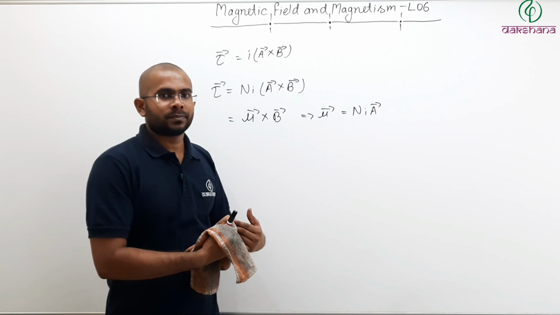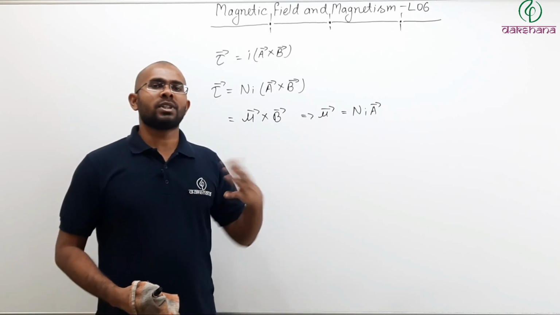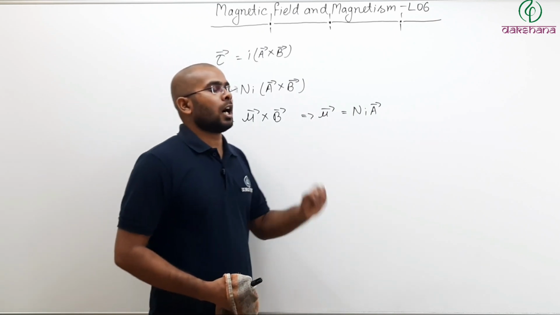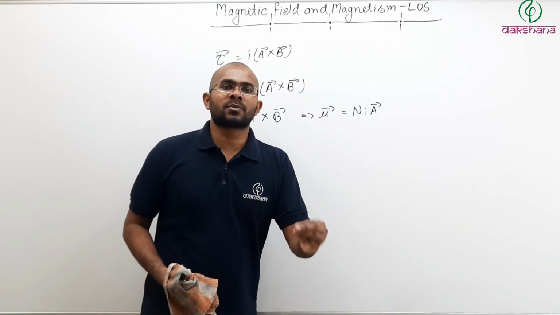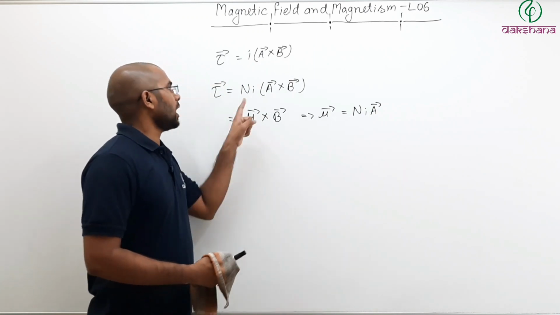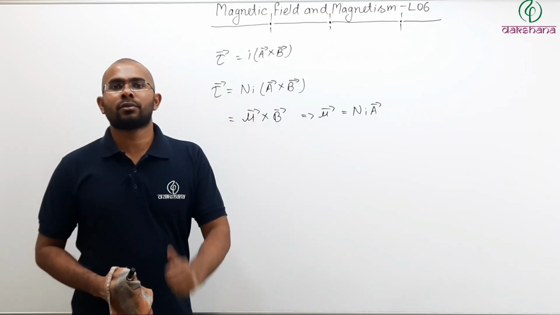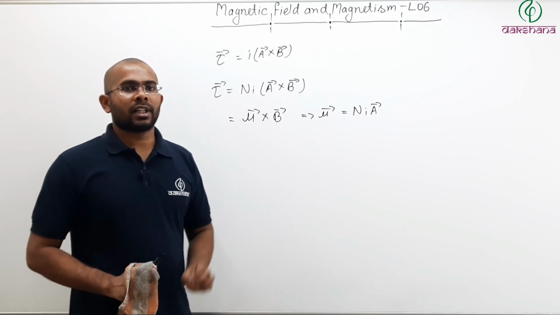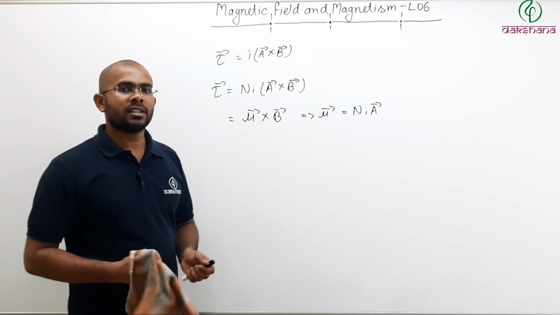Suppose there is a loop and some current is passing, and you do not know how much. Based on how much torque it is experiencing, you can find out how much current was passing through that loop. So how do we do that? That we are going to study in today's lecture.